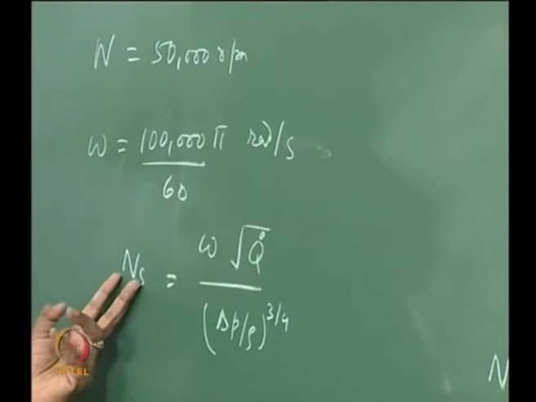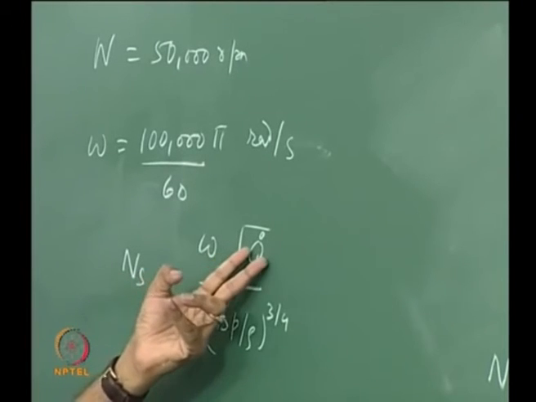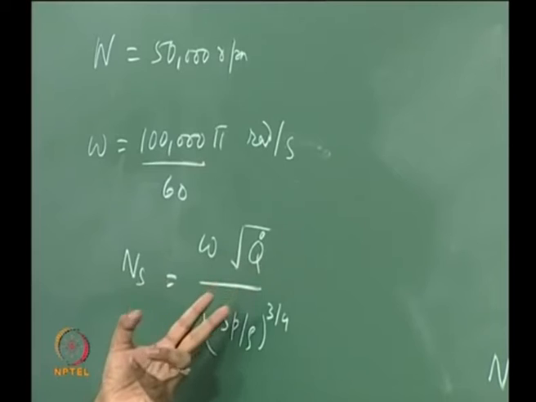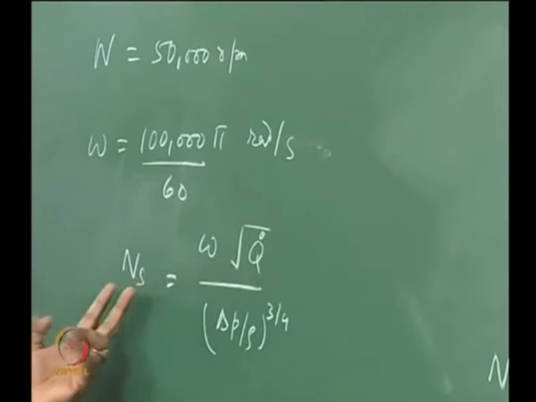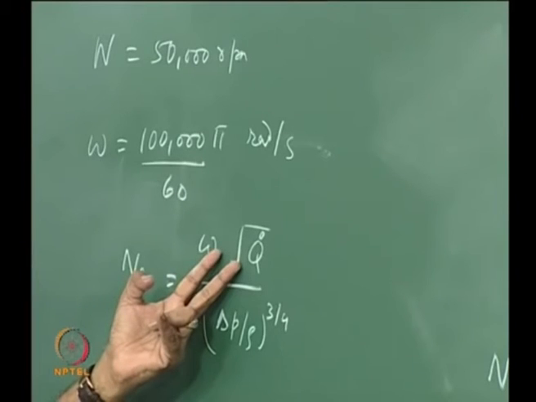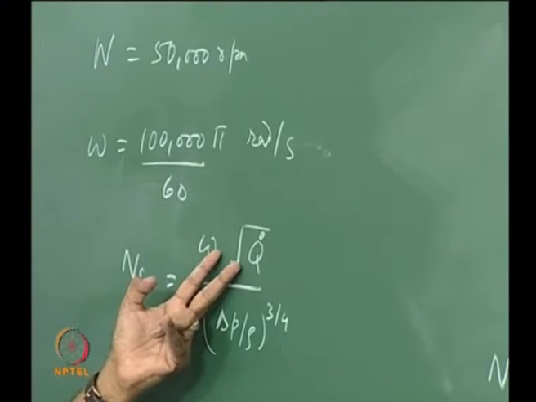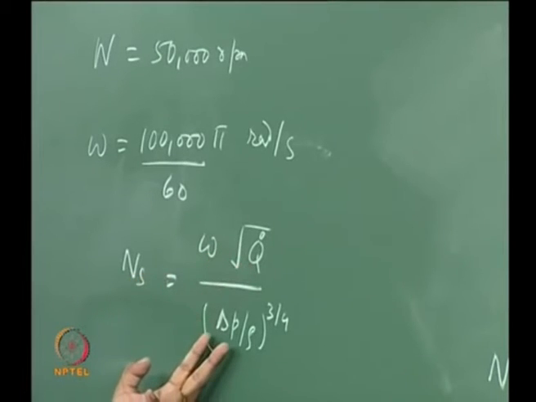And now if I were to design another pump which has to cater for a much larger flow rate and a different size, if I get the same value of Ns, the flow characteristics, that is the nature of flow in the system, the hydraulics in the pump, and also the geometrical characteristics will be similar.